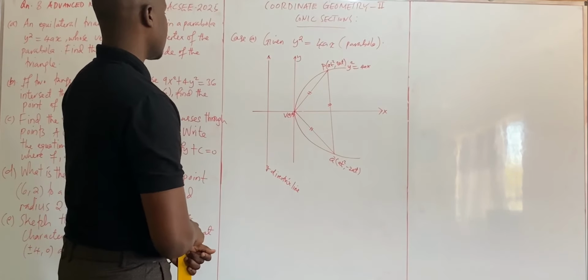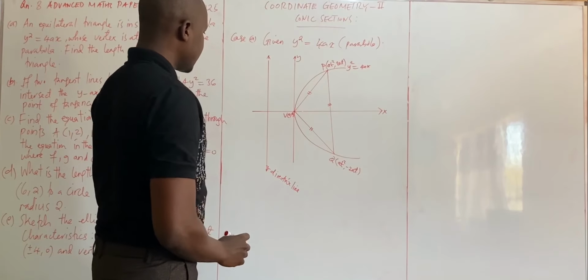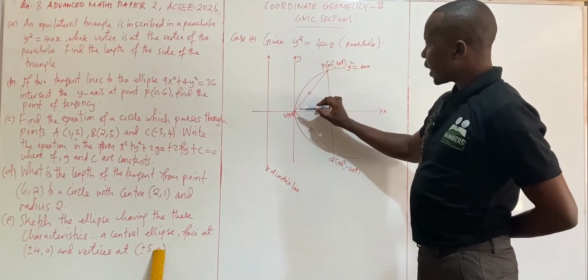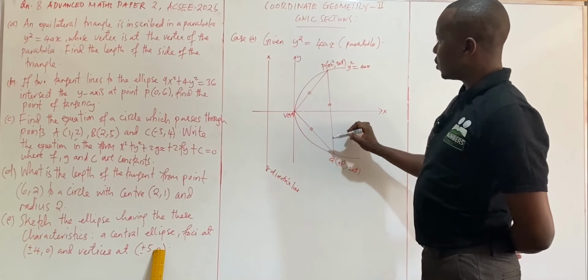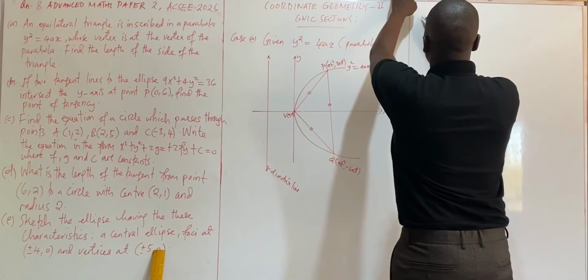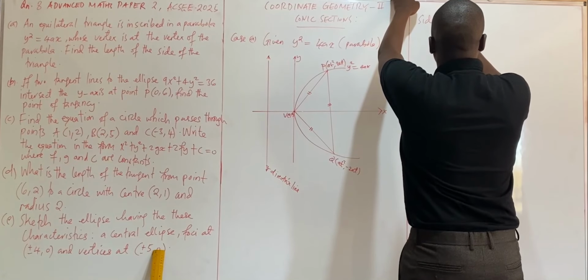We are told to find the length of a side, either VP, VQ, or PQ, because these are the only sides of the equilateral triangle.